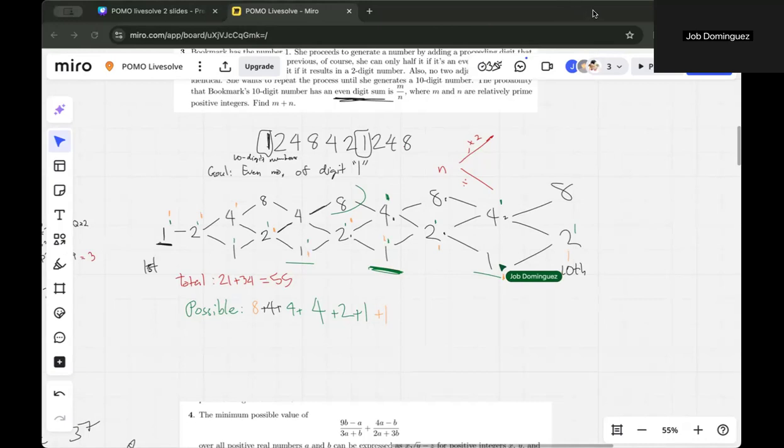Did I miss something? The answer is supposed to be 12. Yeah, there's supposed to be one more case. I'm missing it. Or I might have counted it wrongly already. I'll double check.